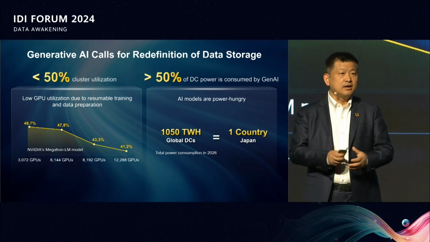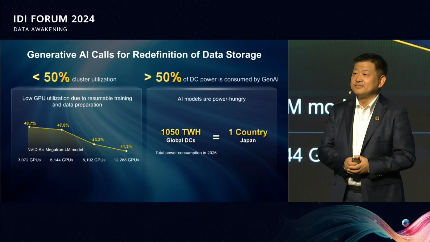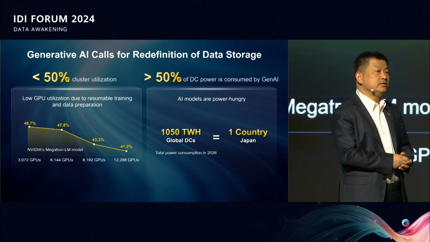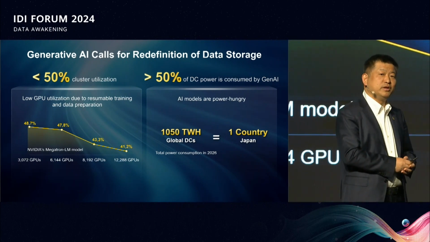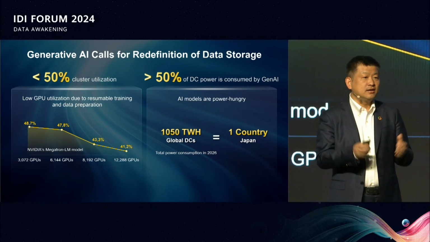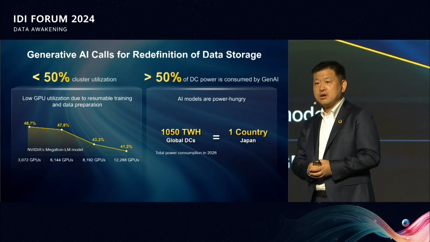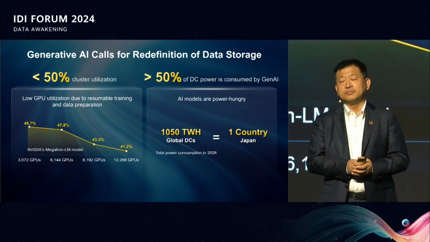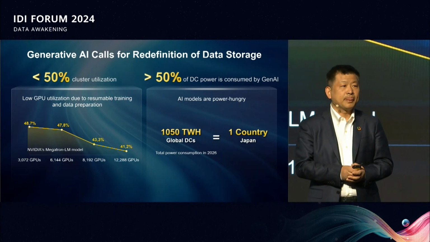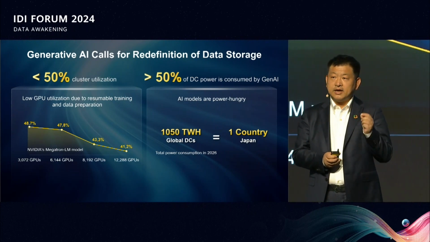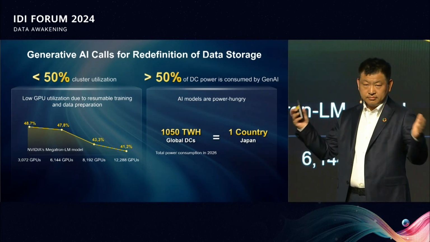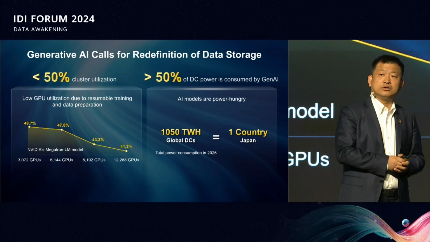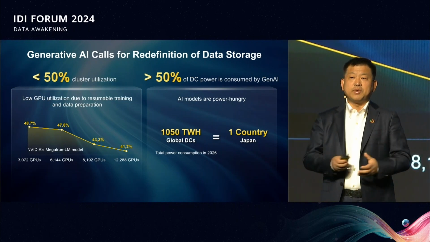Because of the efficiency problem, energy becomes a problem. Today, in some countries, we lack silicon, basically GPUs. And tomorrow, we definitely believe we will lack energy, and then lack data. 50% of the data center energy will be used for GPU. In 2026, we can foresee the energy used for those data centers being somehow equivalent to the total energy consumed in Japan.